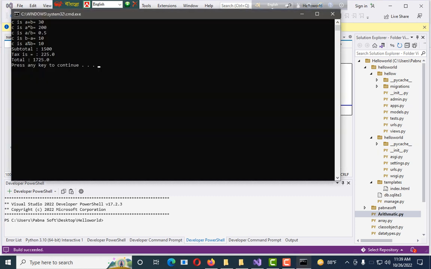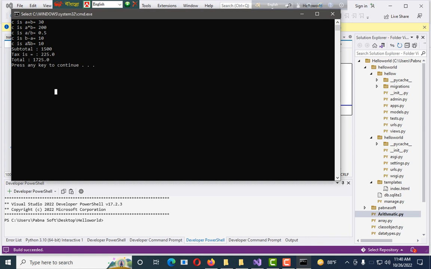Run the total, 1725 taka. Total price 1500 and tax is 225 taka, and total 1725 taka is total.